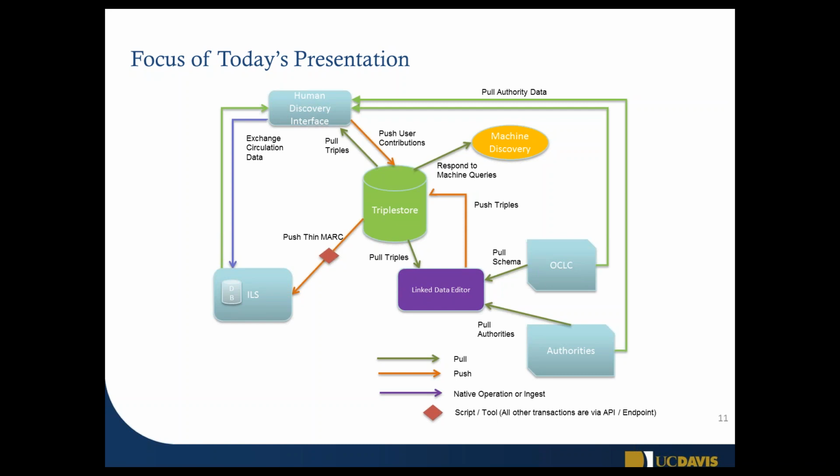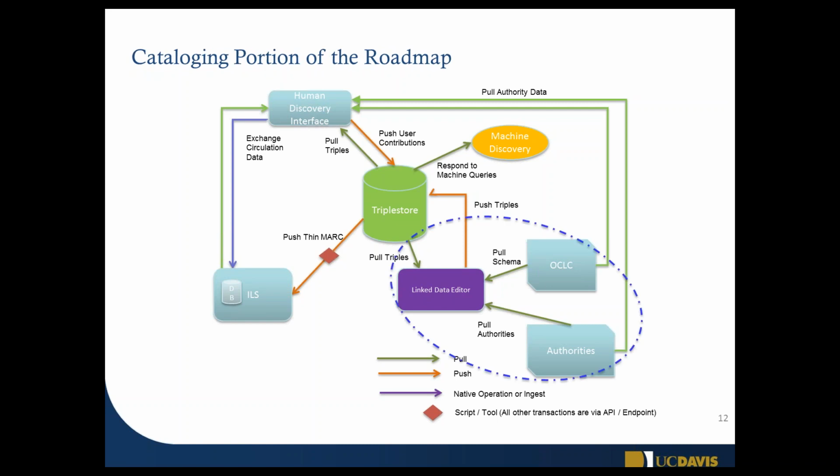I'm going to present each area in the next few slides. The first one I'm going to show you, which is probably the primary focus of today's presentation, is the cataloging portion of this roadmap, because this is where I think I can share my experience and my thoughts with you.